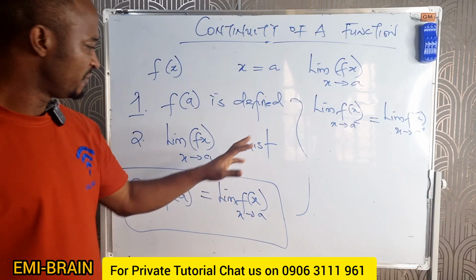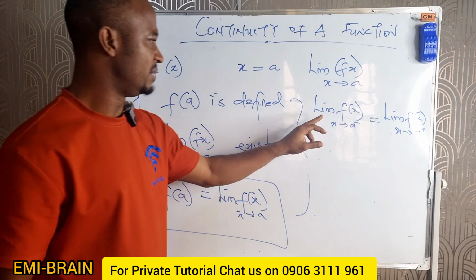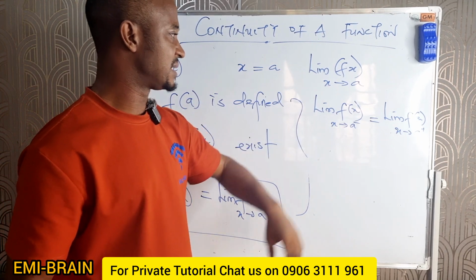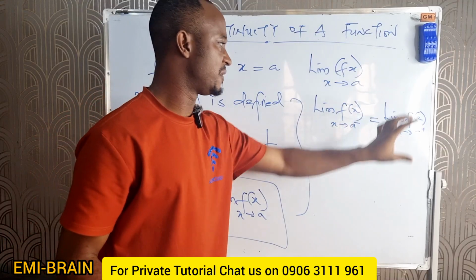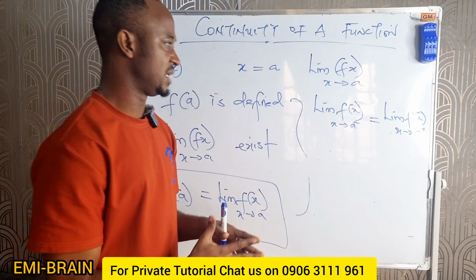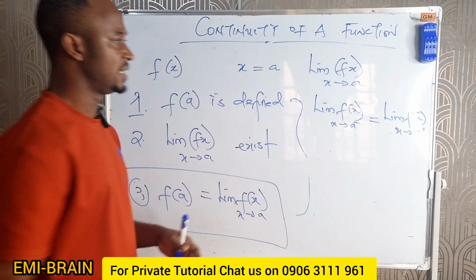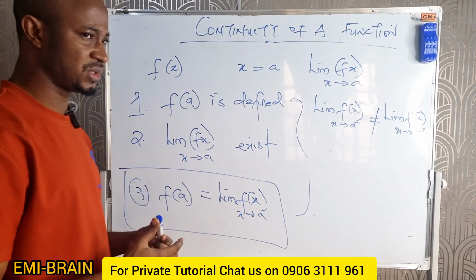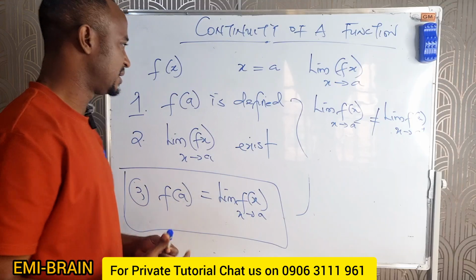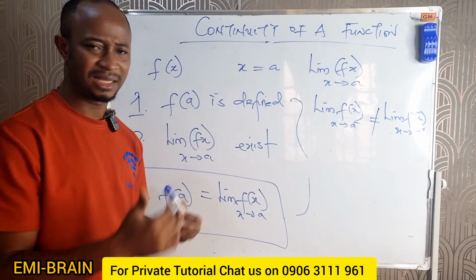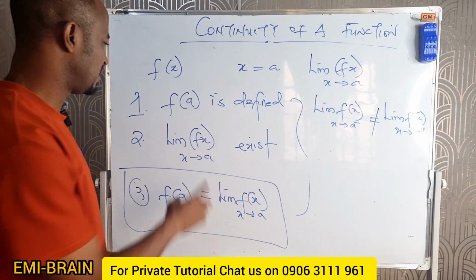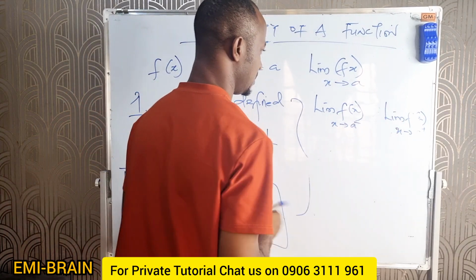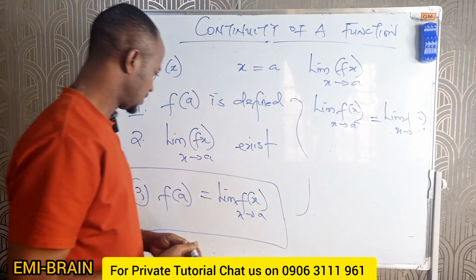For this to exist, the limit of f of x as x approaches a on the left hand side must be equal to the limit of f of x as x approaches a on the right hand side. If these two are not equal, that simply means that the limit does not exist and the function is not continuous at that particular point. But for this to exist, these 2 must be equal to each other.